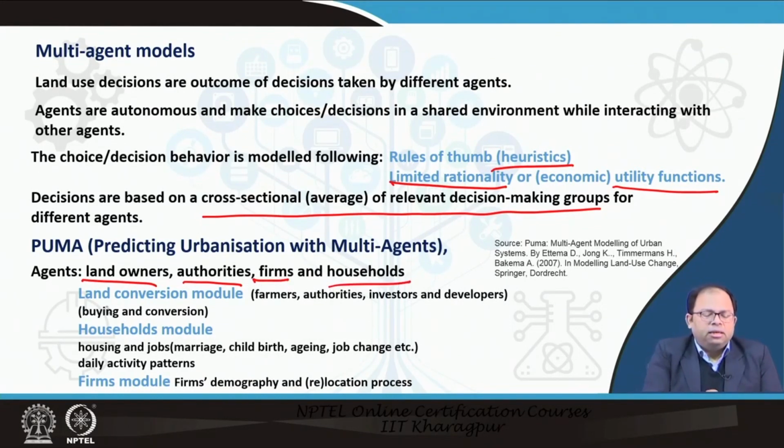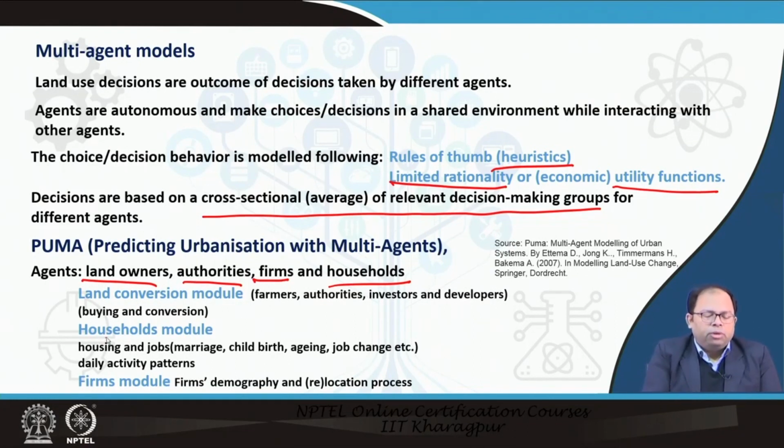There are different components within this model. One component is the land conversion module, which models the buying process as well as the conversion process of a particular land. It includes farmers, authorities, investors and developers who are involved in this buying and conversion process.